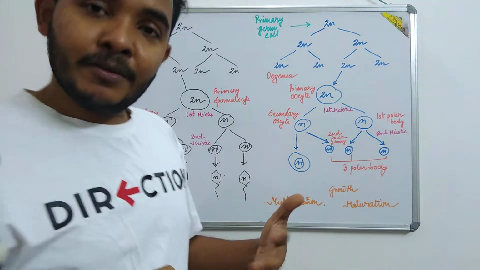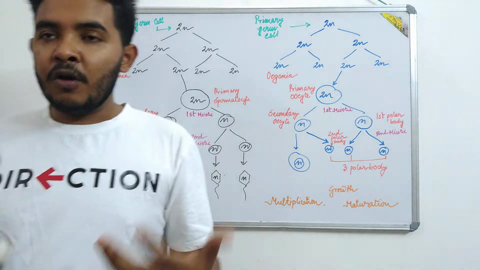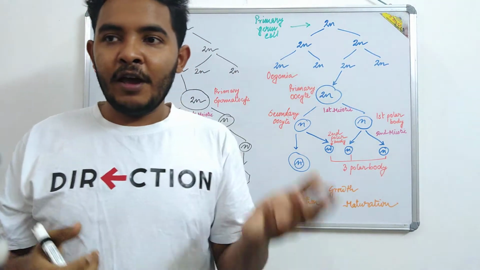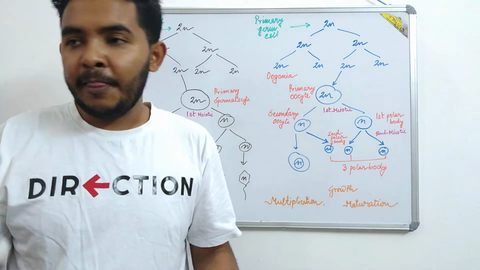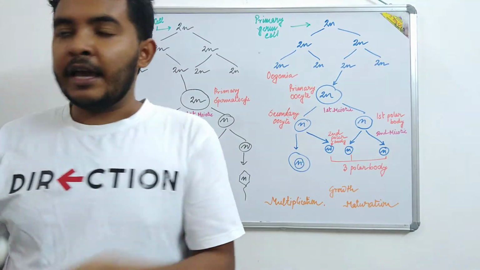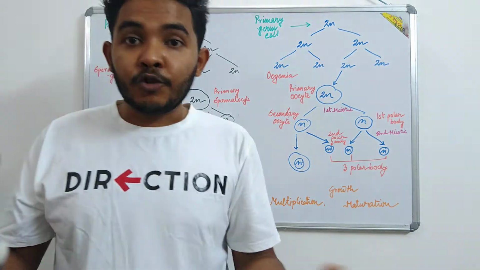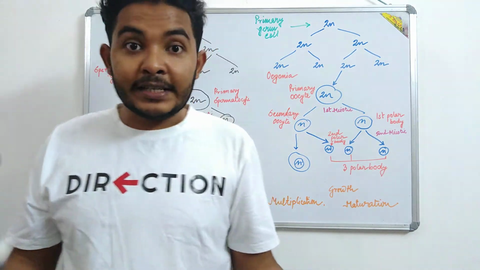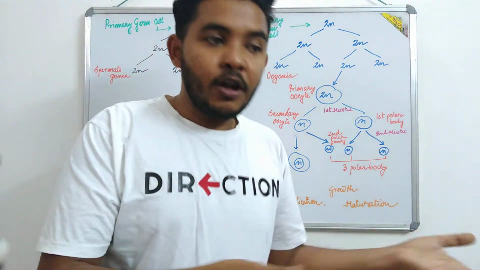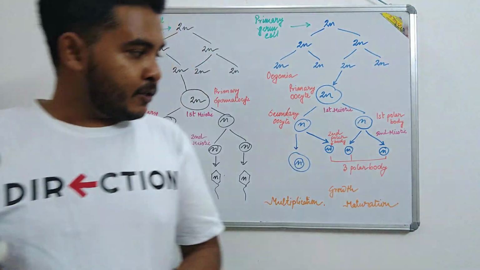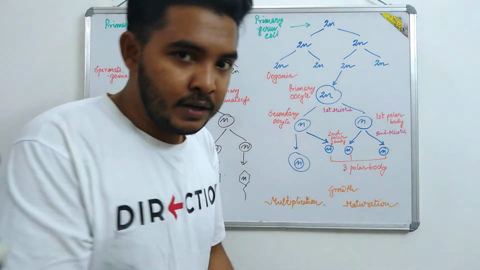Because if meiosis happened in body cells, what would happen? Suppose cell A has 46 chromosomes, and after division it becomes A2 or A3 with 23 chromosomes. So there is inequality, and the cell will not be able to survive. And why does it happen in reproductive cells only?